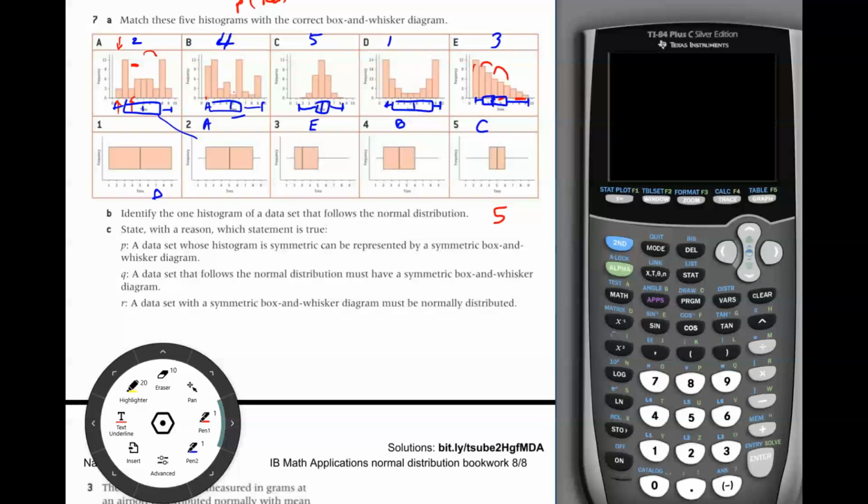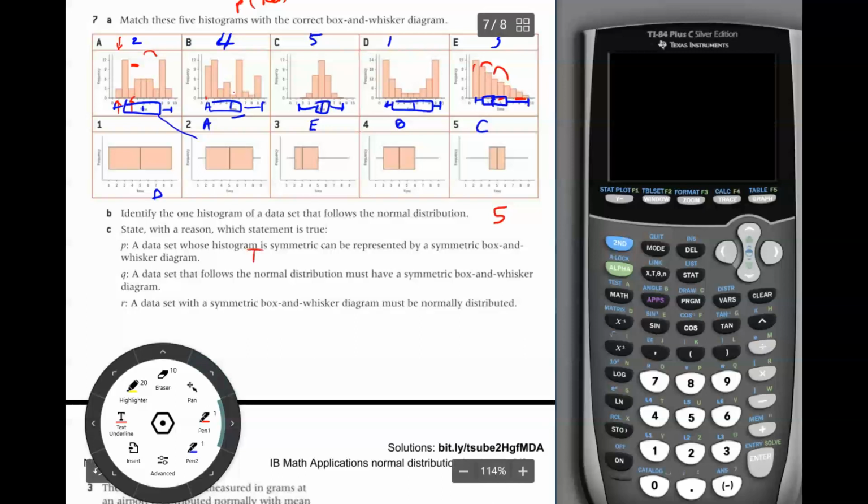Are 1, 2, 5 also symmetric? 1, 2, 5. That's true. And the reason why is because if the histogram has people evenly balanced out, so will the box and whiskers. So P is true.